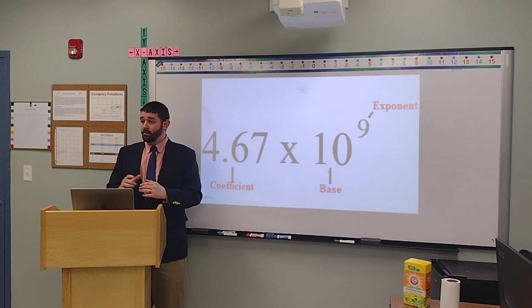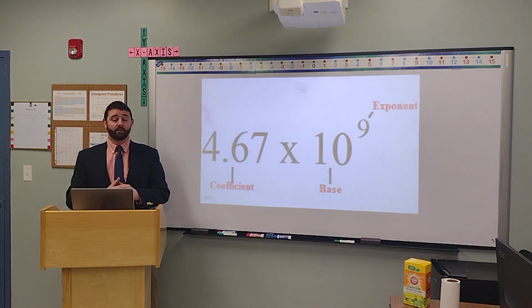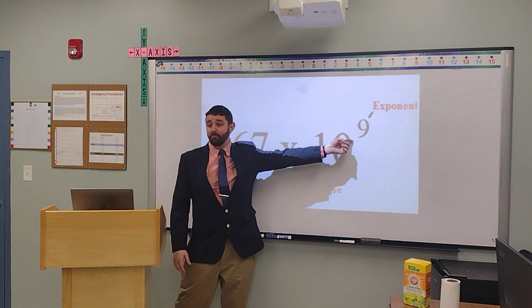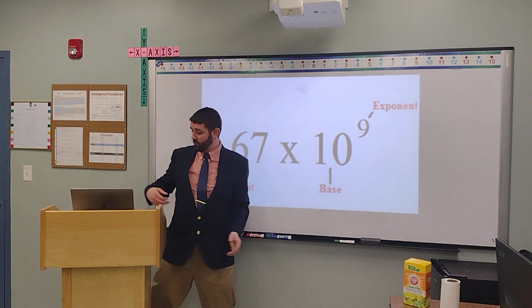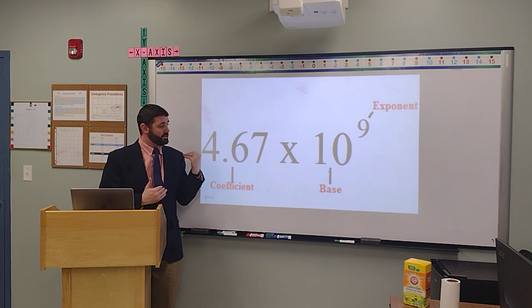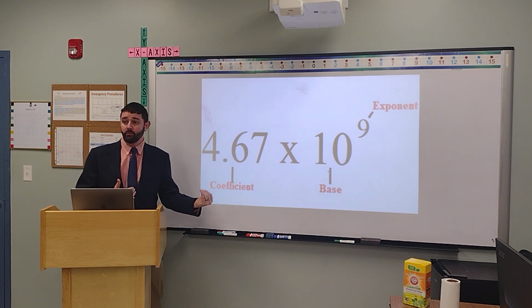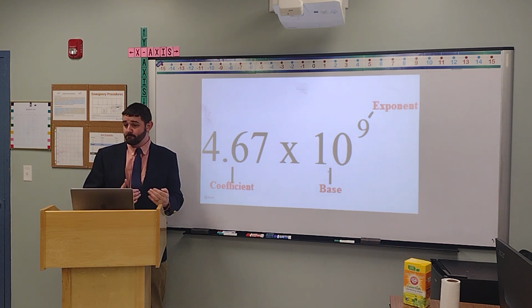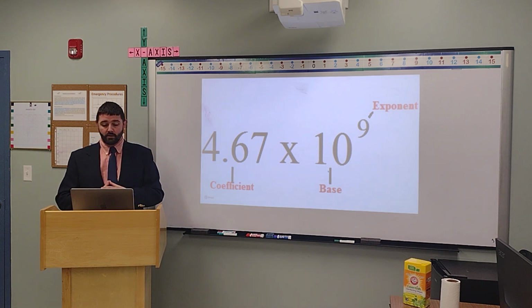Now, if you remember back to our bell work that we did, the exponent can also be negative, right? So it can be positive or negative. And so we're going to talk a little bit more about what these numbers look like if they have a positive exponent, what they look like if they have a negative exponent, and how we write these correctly.